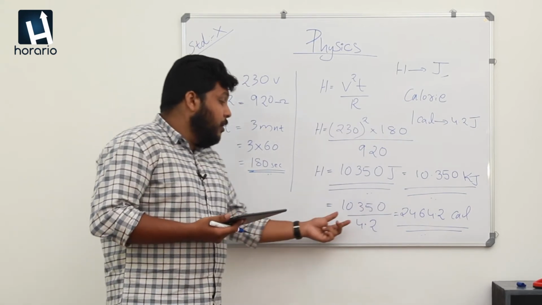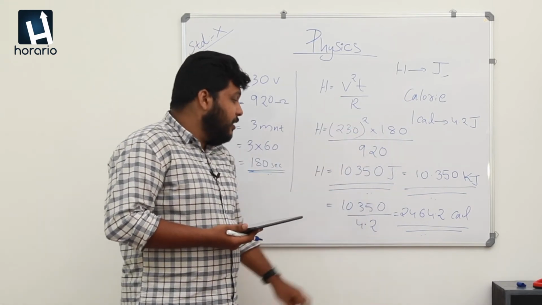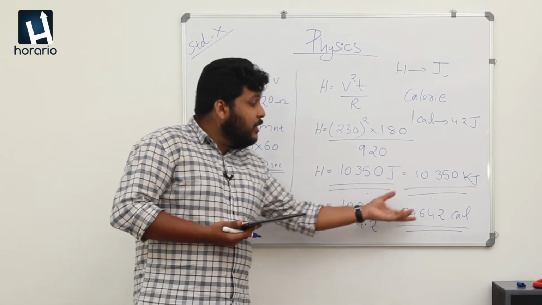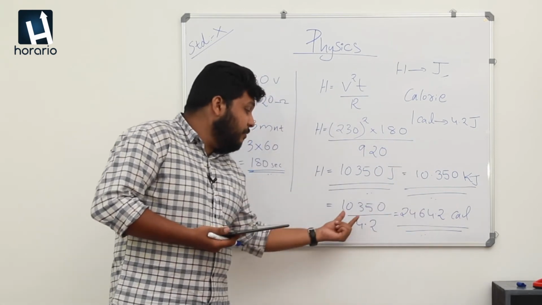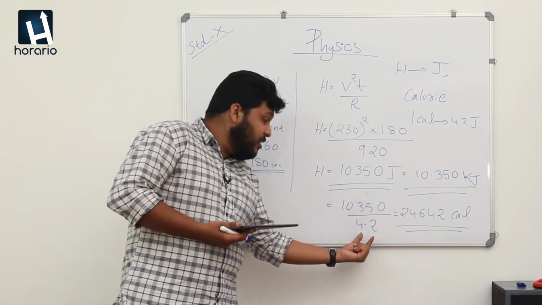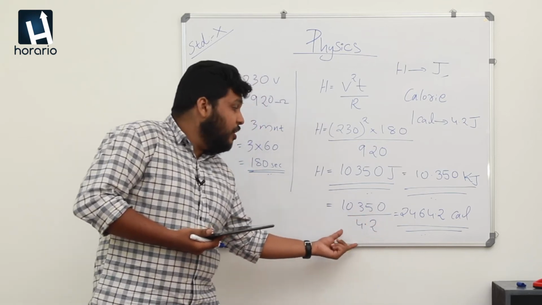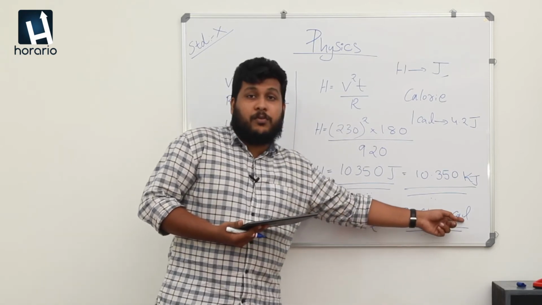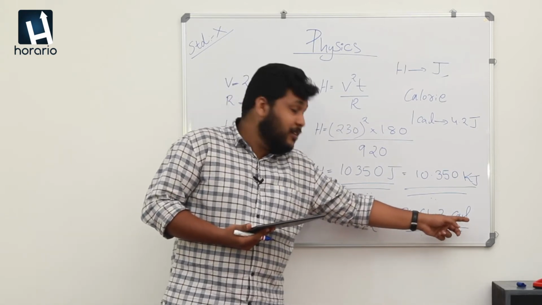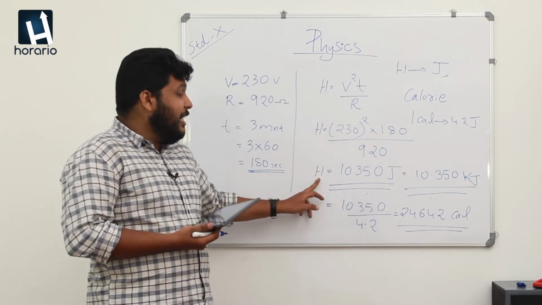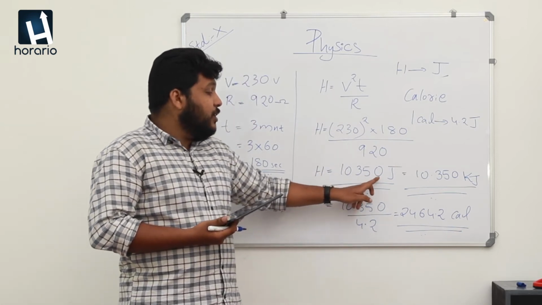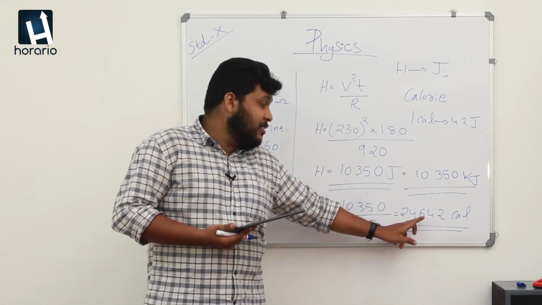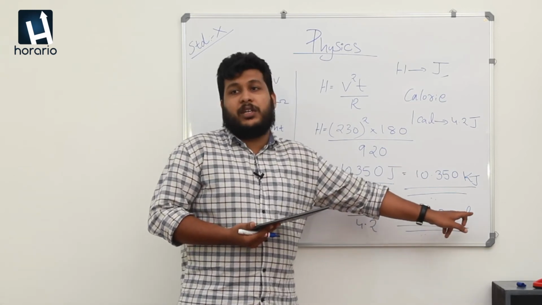Okay. For converting this amount of joule energy into calorie, we want to divide the given joule value with 4.2. So, we can get the same value in calories, which means the heat energy H 10,350 joule is equal to 2,464.2 calories.